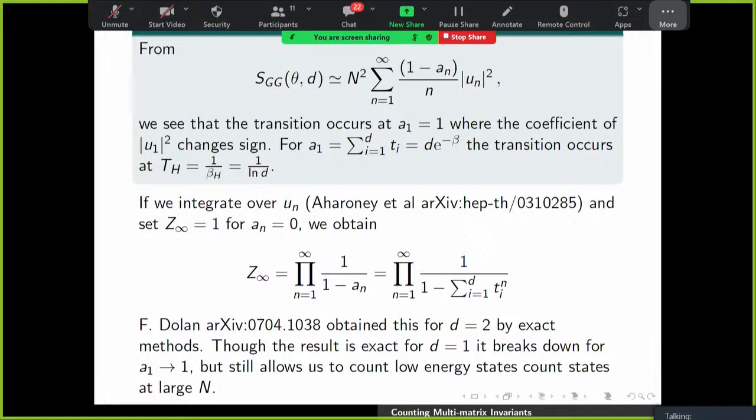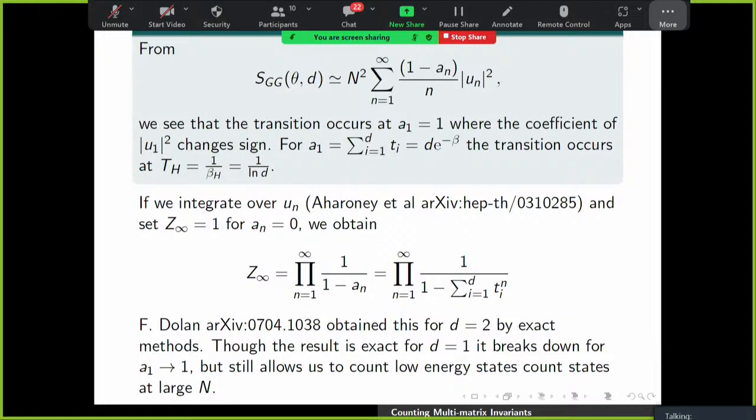One can formally just integrate over the UNs in this variable up here, as written, and treat the UNs as approximate continuous variables, and get z equals z infinity, and you see that it's equal to this expression here. This is in fact exact for n equals infinity, sitting in the low temperature phase.